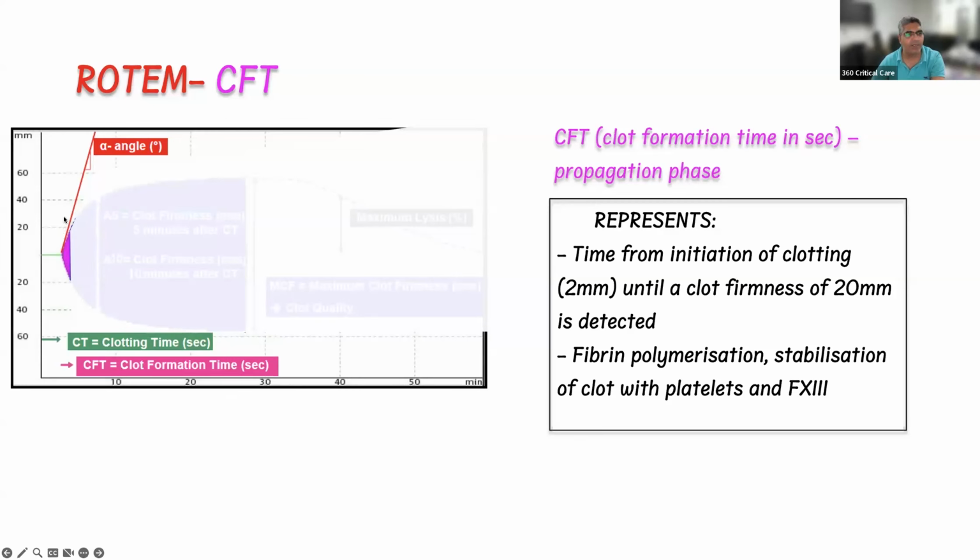That duration is called the CFT or clot formation time. It represents fibrin polymerization and stabilization of the clot with platelets and factor 13. If there is a deficiency, then the CFT will be prolonged. Usually, it's not clinically important. We don't look at the CFT usually.